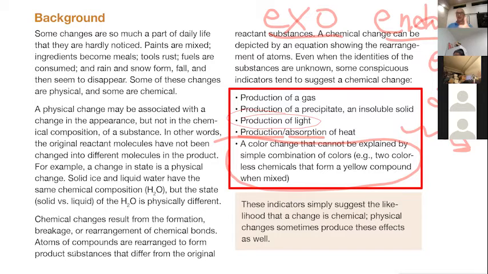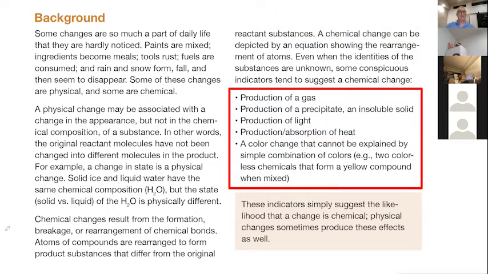This would be like I had something yellow and I had something orange and I put it together and it was purple. Something completely unexpected. So you can't explain that. So generally that's because some new chemical that didn't exist in either one of these solutions has been made and it's a different color than either of the starting materials. So these basically suggest that a chemical reaction has taken place.